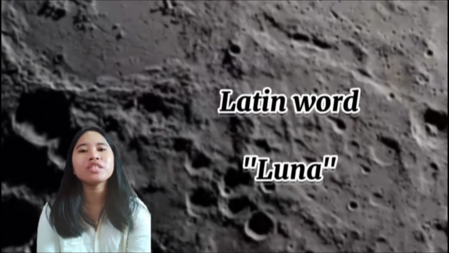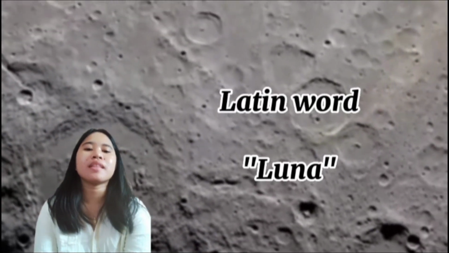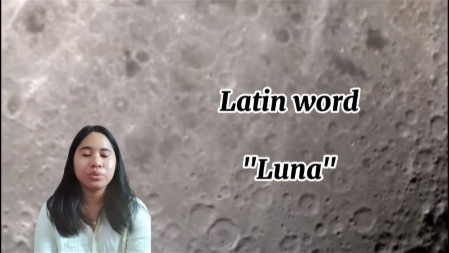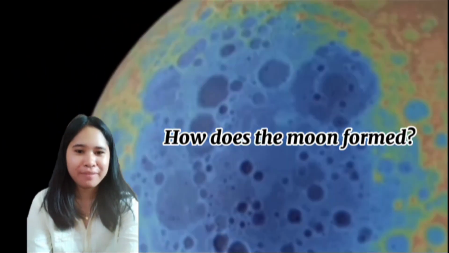In Latin, the moon is called luna, which is the main adjective for all things moon-related, or lunar. So right after defining what the moon is, let's go on about knowing how the moon really forms.